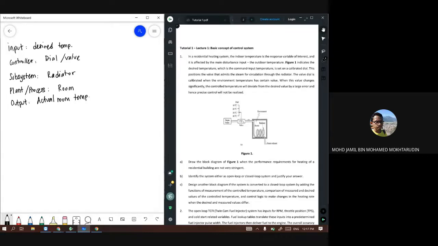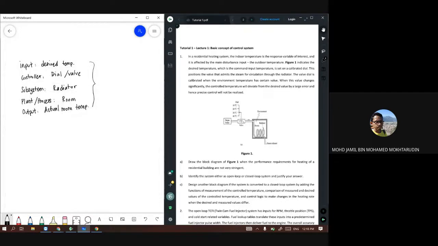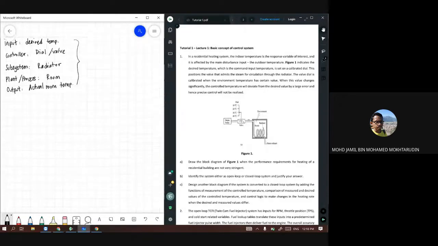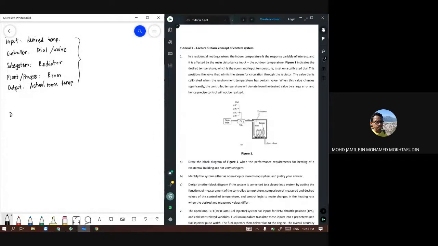Then we can draw the block diagram using the components here. So we start with input, the desired temperature.